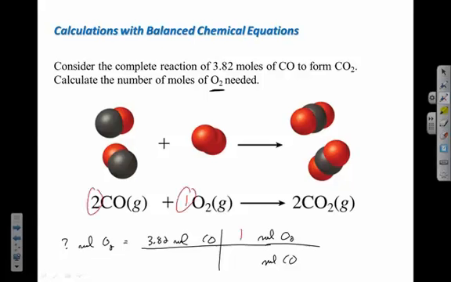So 1 oxygen is only needed for every 2 COs. So in that case, when I cancel this, I'll take 3.82 and I'll divide by 2. So that'll be 1.91 moles of O2. Questions about that?